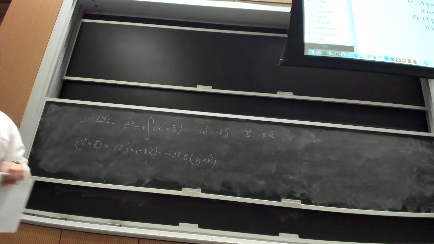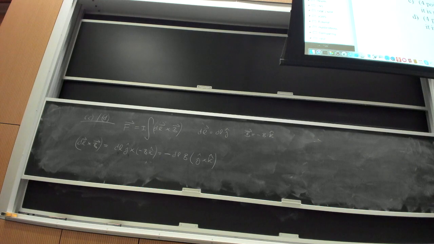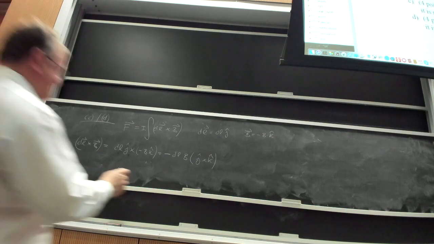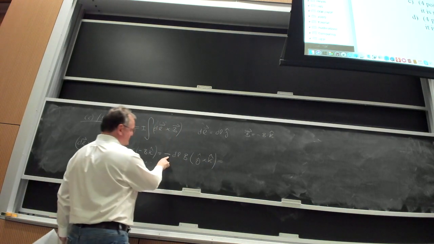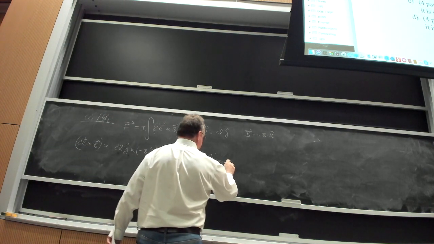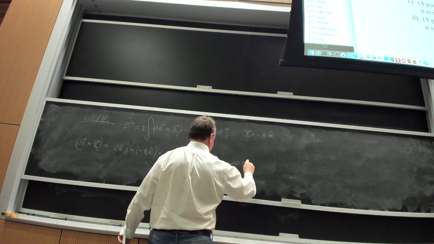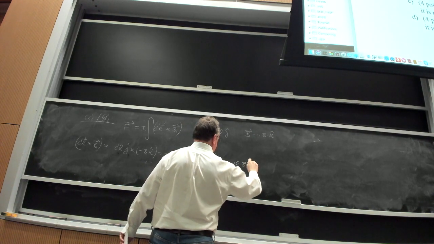So what is j cross k now? j cross k. Positive i, exactly. And now you have here a minus sign. So then it's minus dl times B times unit vector i.